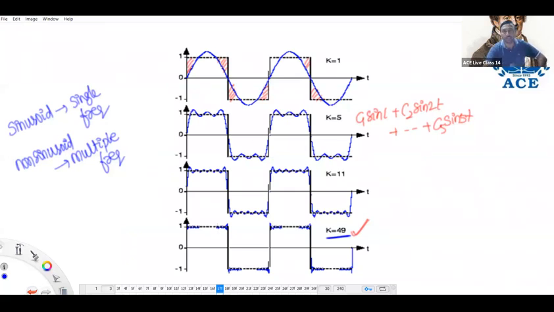Non-sinusoid is almost recovered. First, let me explain the trigonometric Fourier series. Everyone listen carefully.